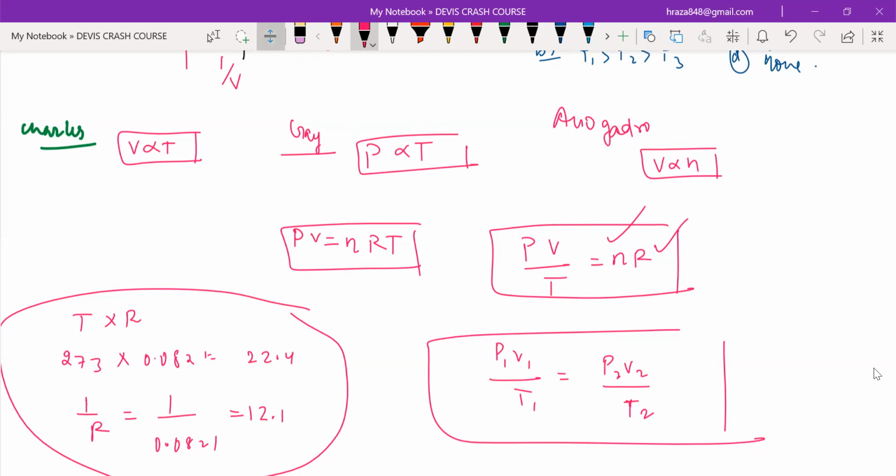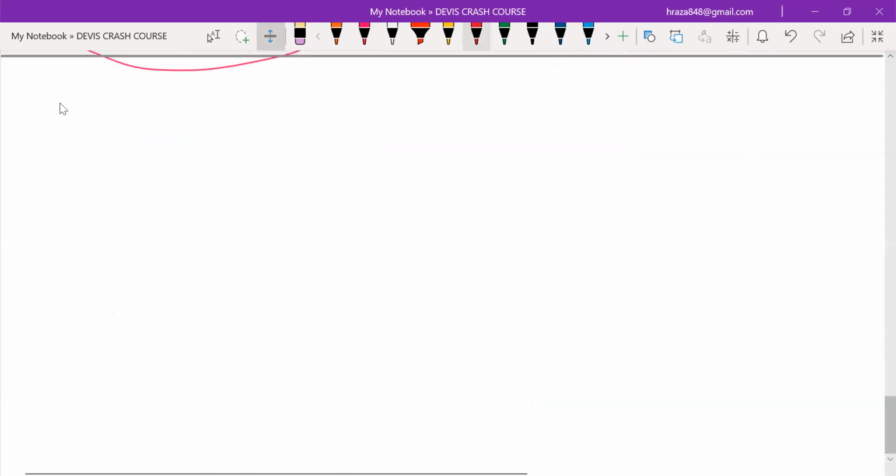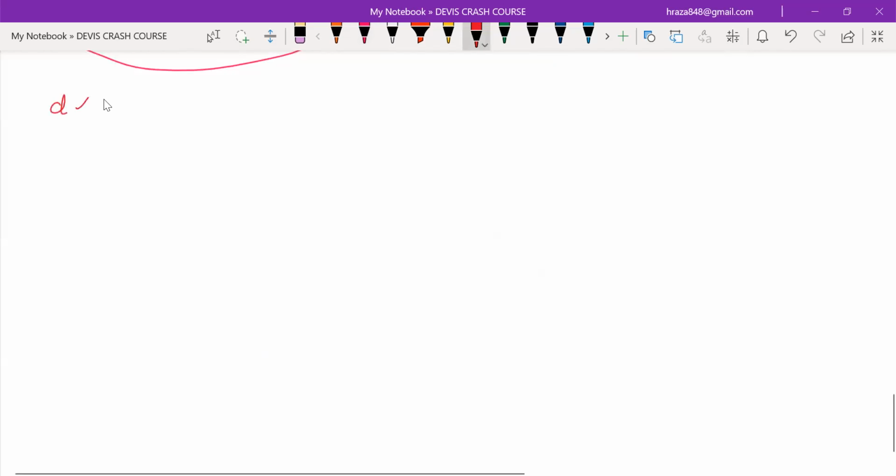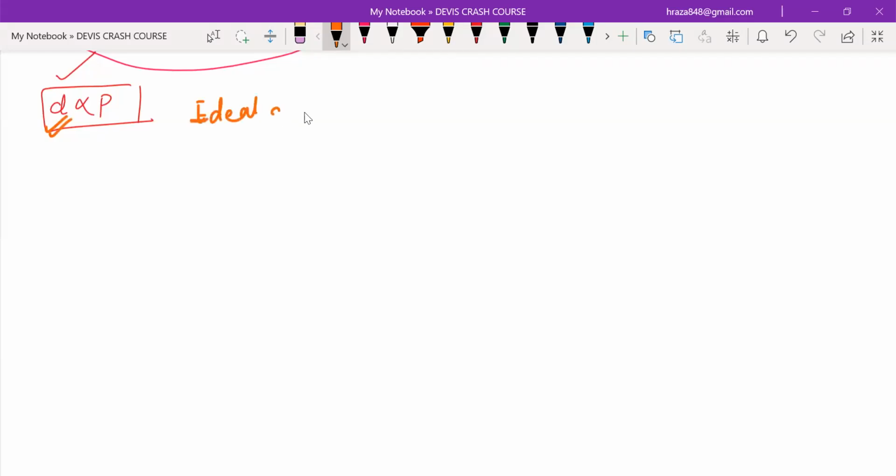And you also know that there is a relation between density and pressure, which we have already defined: density is directly proportional to pressure. But do you know we can use this in the ideal gas equation?